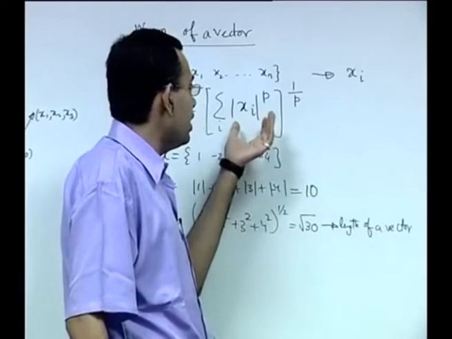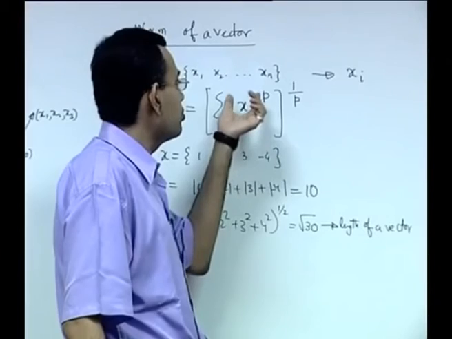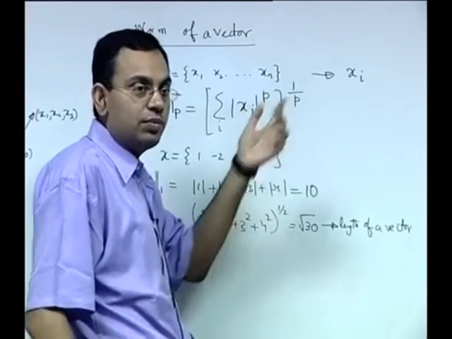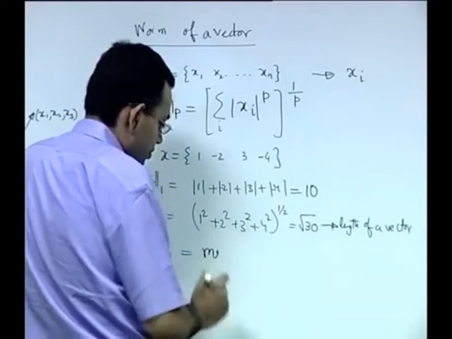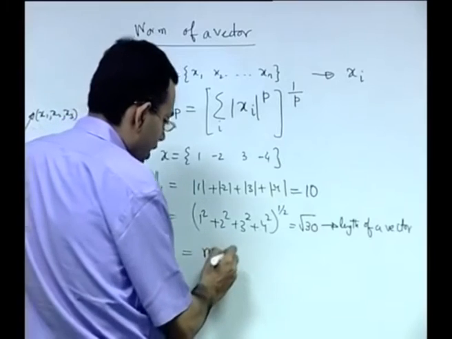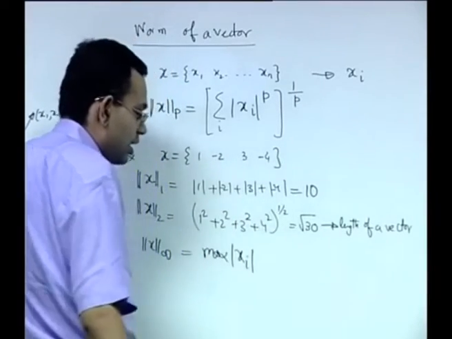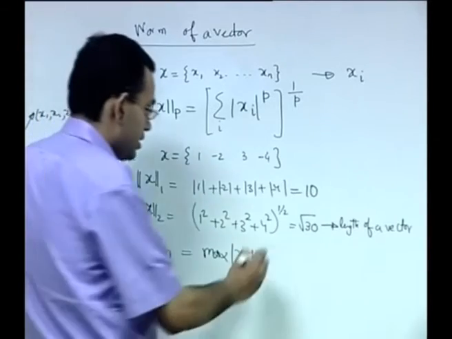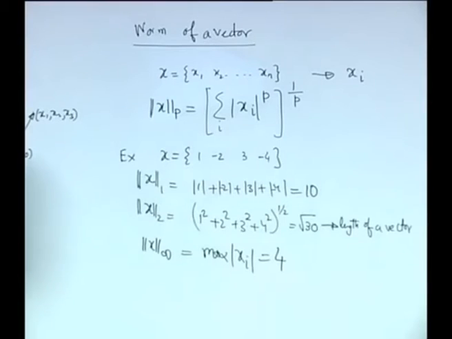So, effectively it will become the largest magnitude to the power infinity, that to the power 1 by infinity. So, that means you find out the maximum magnitude of xi, and that is the infinity norm. So, that is 4.